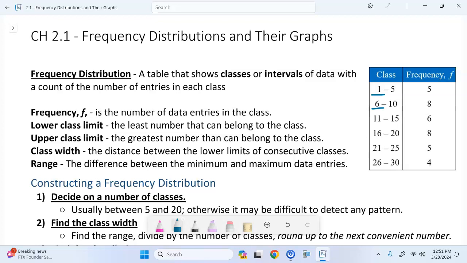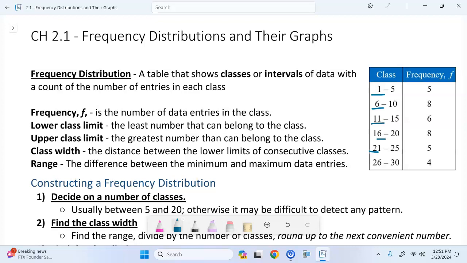And you'll see that that width is consistent from class to class. The difference between 11 and 6 is 5. 11 and 16 is 5. 16 and 21 is 5. So every lower class limit will have the same distance between it. The same is true for the upper class limits. 10 is 5 more than 5. 15 is 5 more than 10.